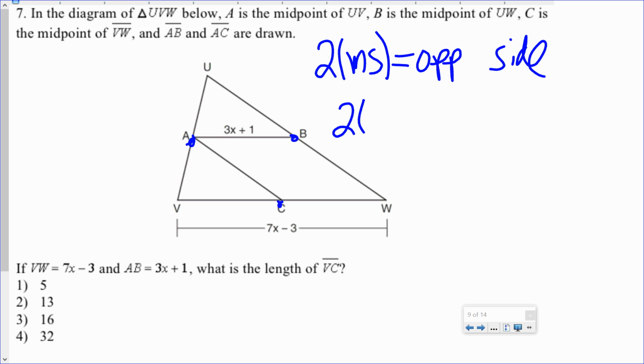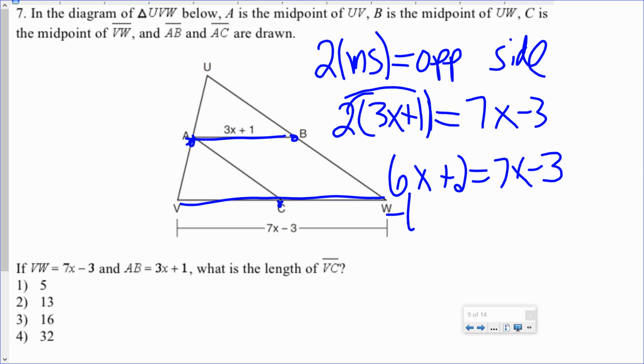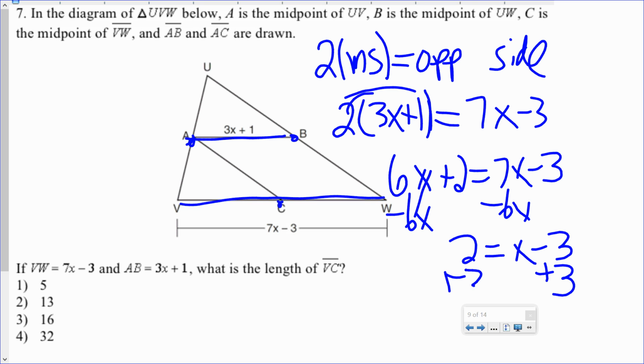That's how you'd set it up. From here, I do the algebra. 6x plus 2 equals 7x minus 3. Minus 6x, minus 6x. 2 equals x minus 3, plus 3. So x is 5.